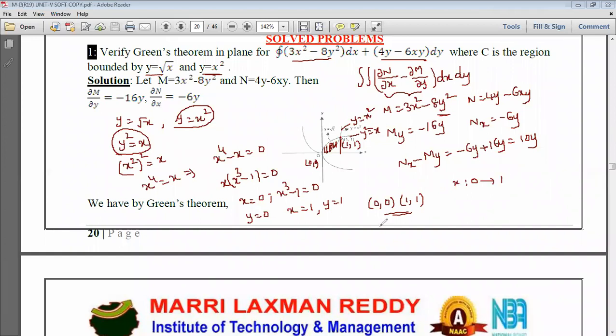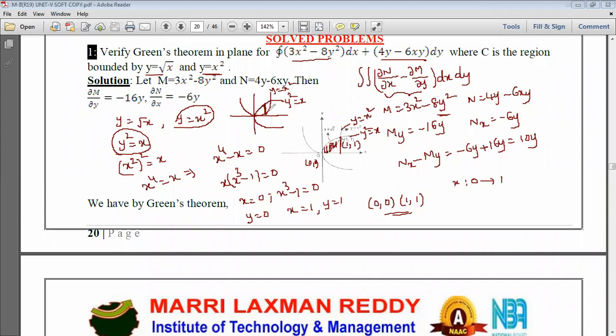And what about y? How will we get y in terms of x? We have to take a vertical strip. So this is the strip, and this is y² is equal to x and y is equal to x². So with a vertical strip, this is the lower curve and this is the upper one, in the increasing direction of y.